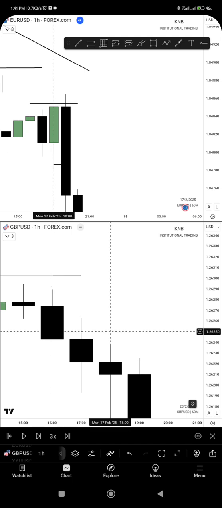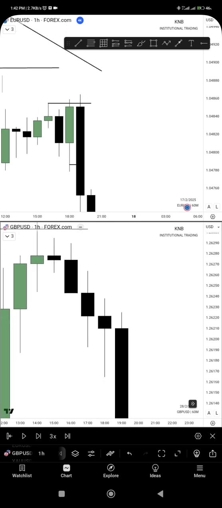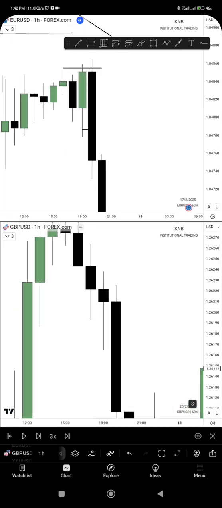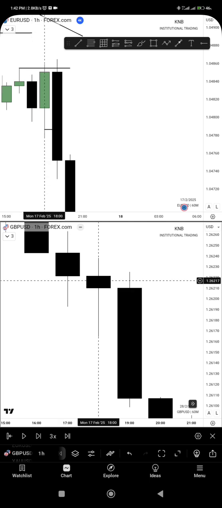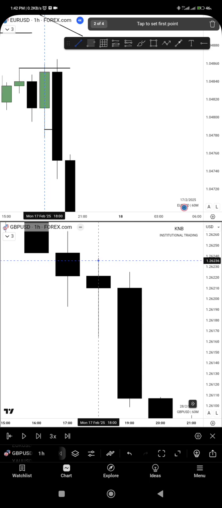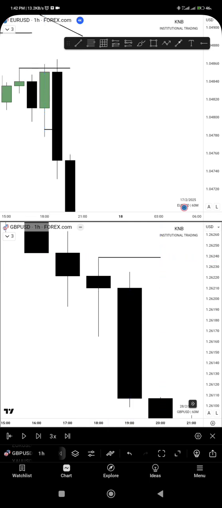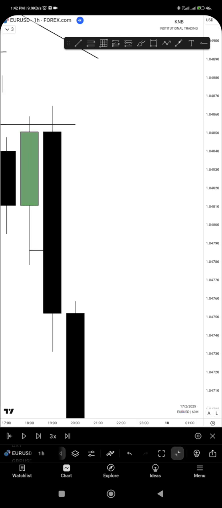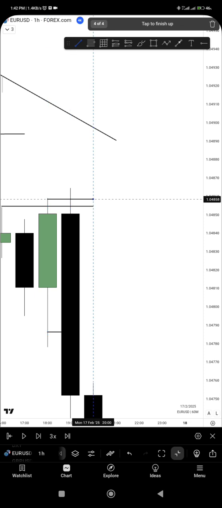So look at this high and look at the second high. These are the corresponding candles on GU. So you can see where my cursor is. Okay, 18 and 19. So on GU we don't have that sweep of the highs, whereas on EU we have the sweep of the highs.